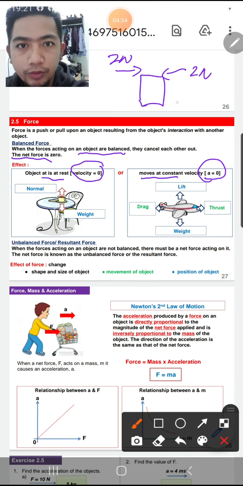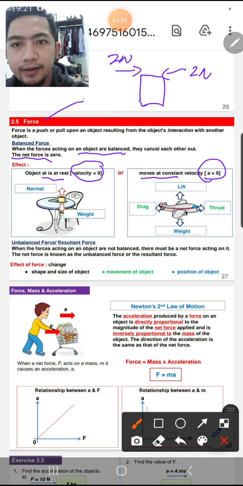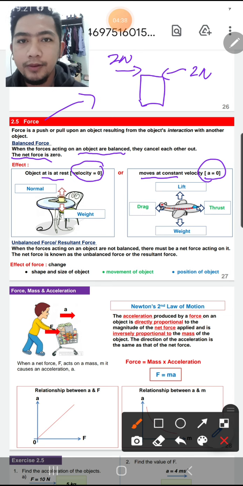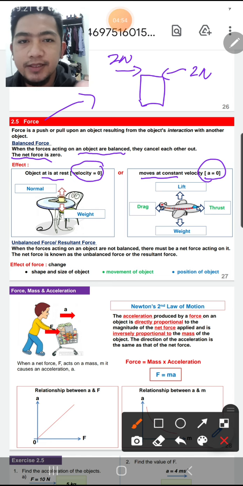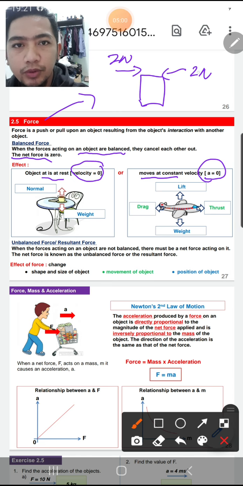We are going back to this example here. Balanced force means the force applied to this box is equal. Means from the right is 2 Newton and from the left is 2 Newton. That's why we call it a balanced force. But unbalanced force means the force from the right to the left, here we change to 4 Newton.